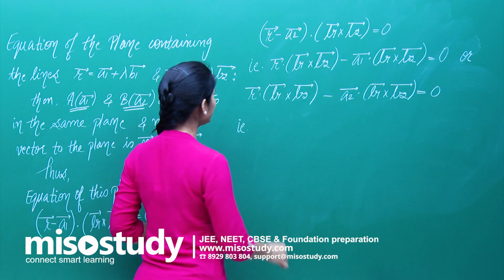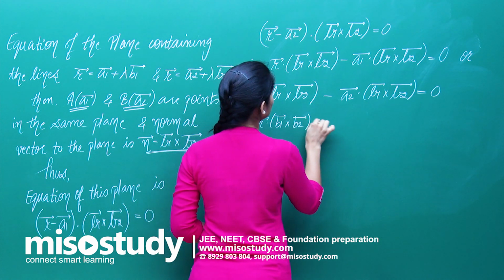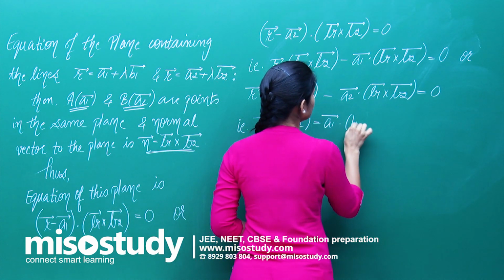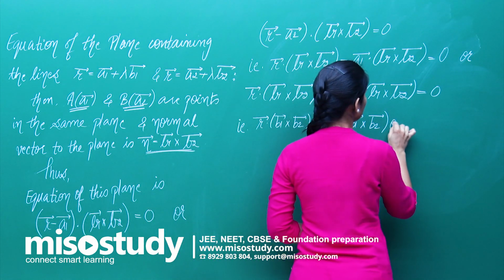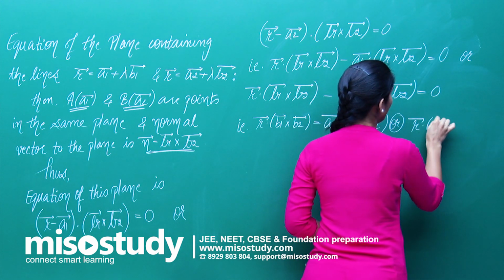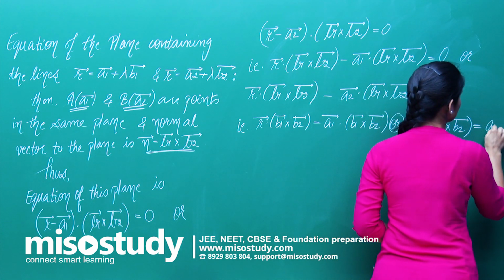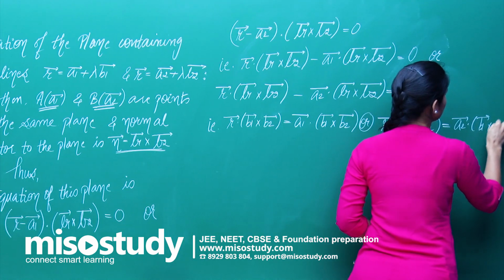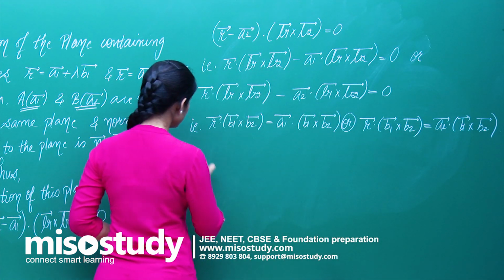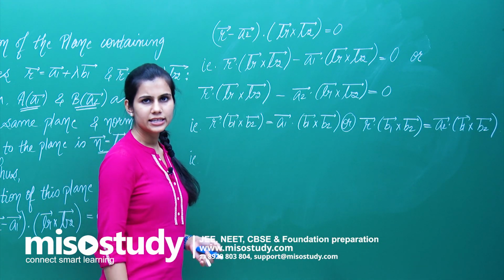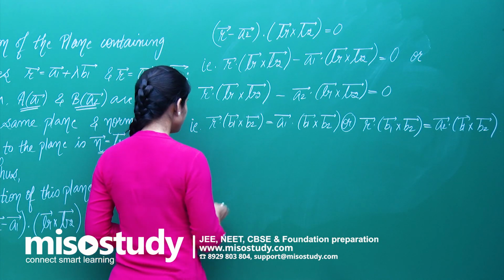That is further nothing but r dot b1 cross b2 equals a1 dot b1 cross b2 obviously, or r dot b1 cross b2 equals a2 dot b1 cross b2, which means what? Because we had presented the previous condition in the scalar triple product form, I can do this in a similar fashion.